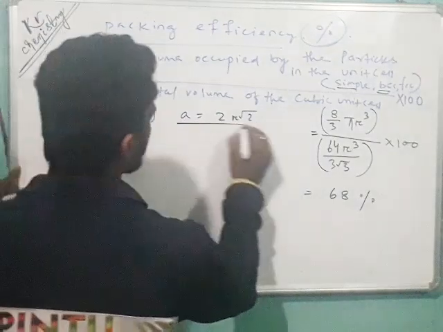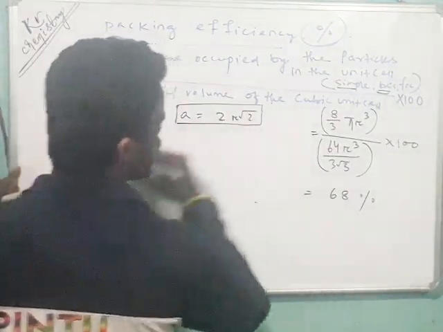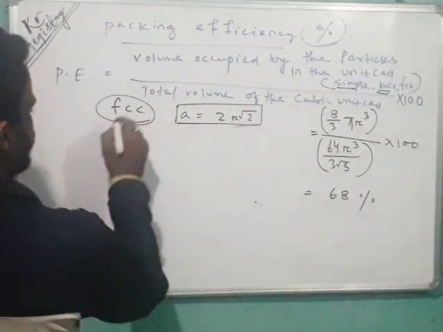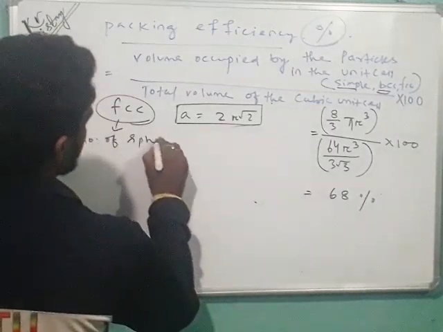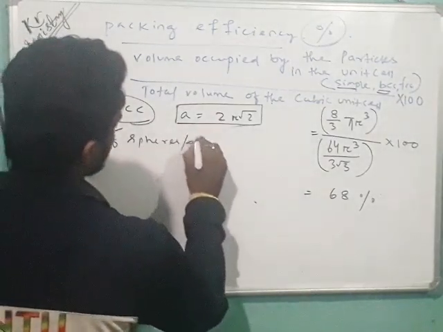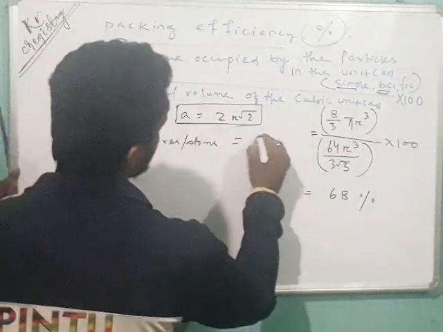This is the value of the edge length a. For face centered cubic crystal, the number of spheres or atoms is equal to 4.